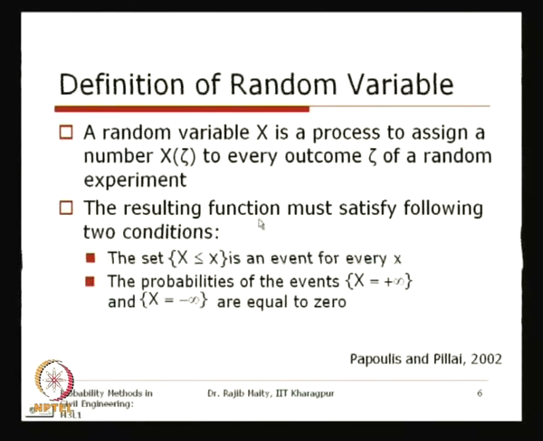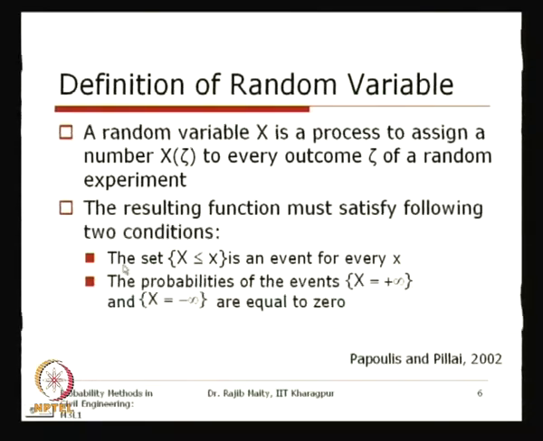The resulting function must satisfy the following two conditions. Even though this is a function, this mapping from experimental outcome to some number should follow two conditions.